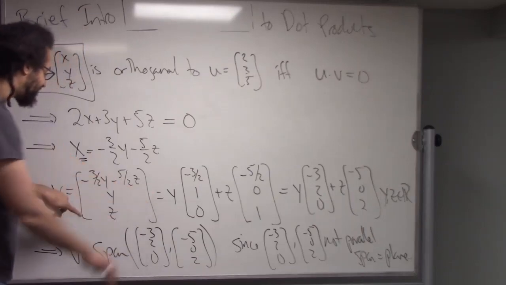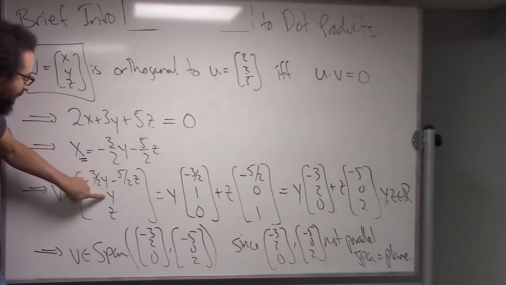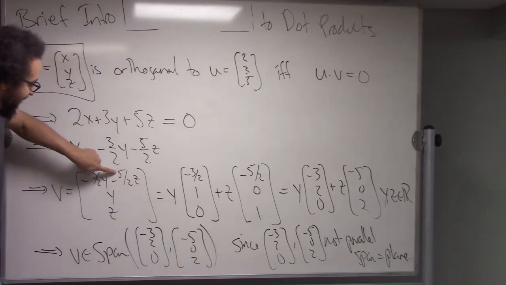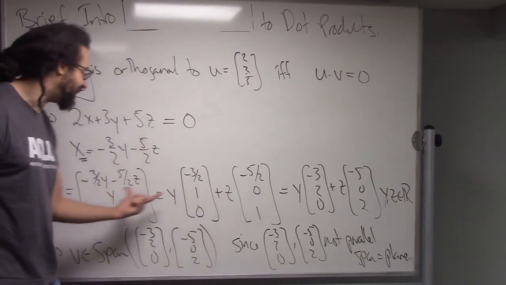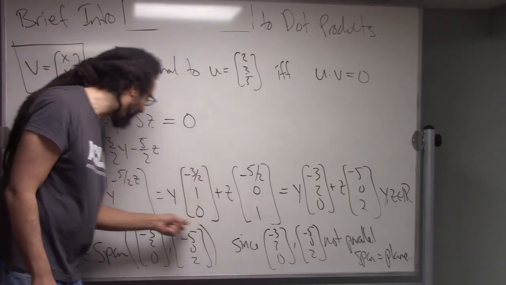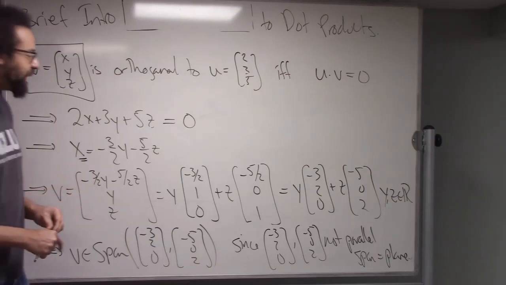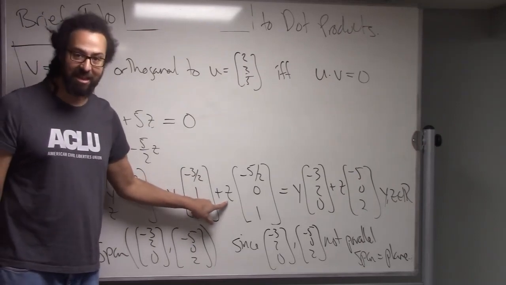So I can split this up as y times (negative 3 halves, 1, 0) plus z times (negative 5 halves, 0, 1). So that's how I got from here to here. And again, if you multiply and then add, you will get back to this thing. So now, because we don't want to deal with fractions, y and z can be anything.